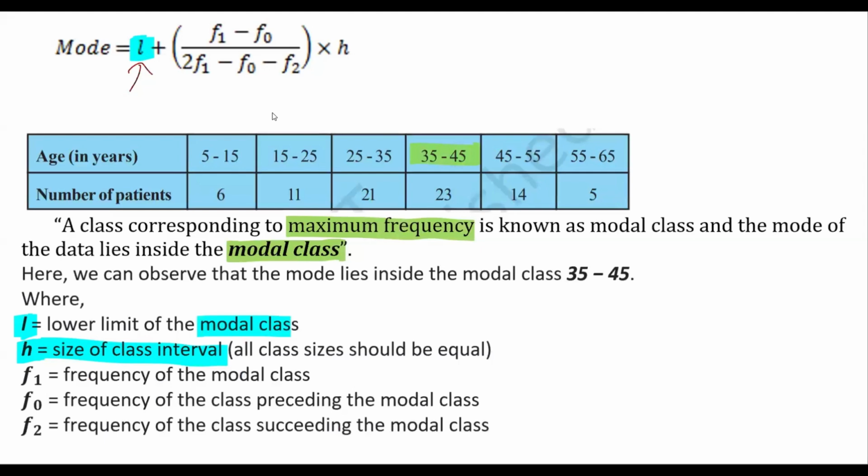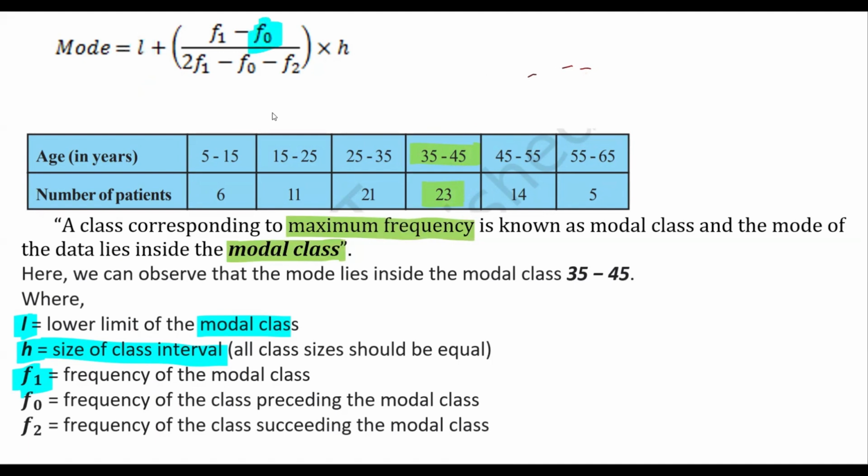Class size is upper limit minus lower limit, 45 minus 35, which is 10 in this case. The third symbol is f1, which stands for the frequency of the modal class. Frequency here is 23, so now you know what f1 is.